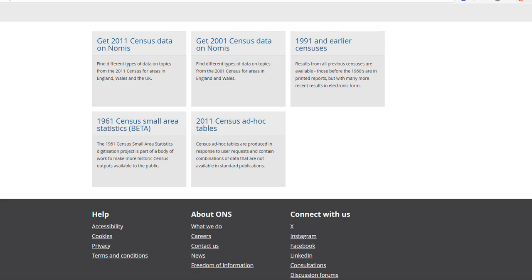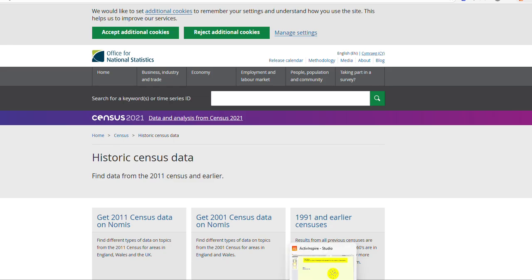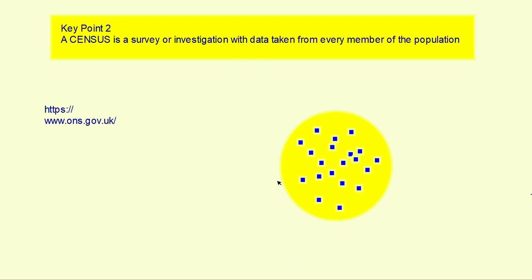So if you have time to look up the census, then I'd strongly recommend doing that. Okay, back to our presentation though. So a census is all members of the population are asked, and remember, a population could be all the books in a library if the investigation was regarding how many pages each book has in a library, for example.